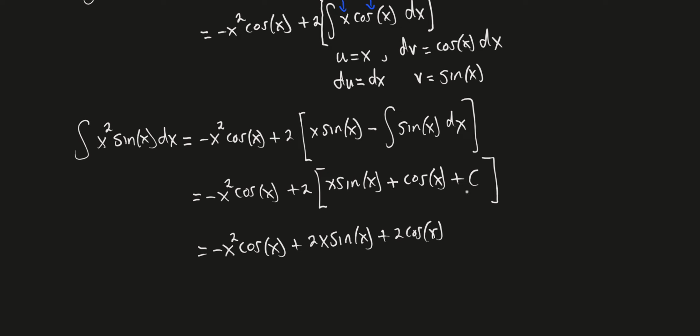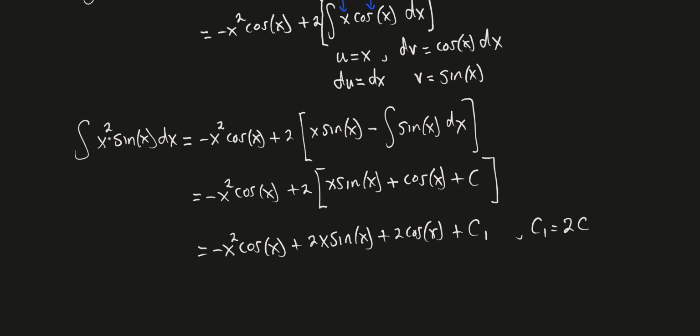And then we're going to double this constant. Instead of writing 2c, I'm just going to write c1. That's basically saying that c1 is twice the constant in the previous line, and this will be our antiderivative.